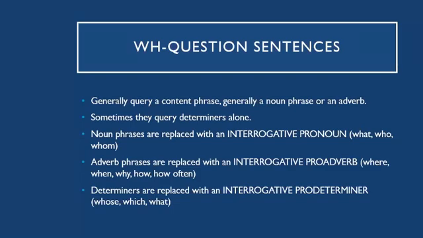Who is an interrogative pronoun, because that who is replacing someone. I said, what did you do? They say, I did the homework. So what is replacing the homework, which is a noun phrase. All right? So when you have it like that, it's an interrogative pronoun.